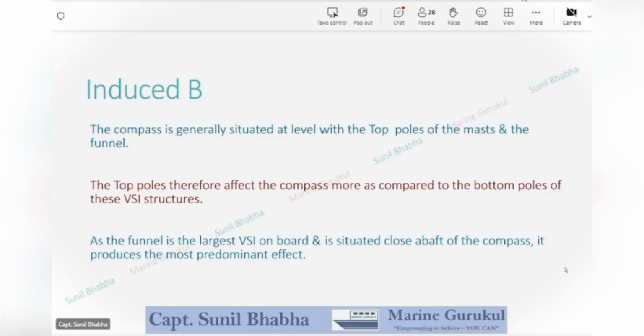So therefore, the funnel affects our compass most predominantly among all the vertical soft iron structures. So the effect of the funnel being the most predominant is considered mainly for induced B.